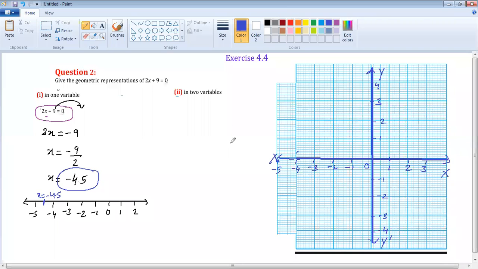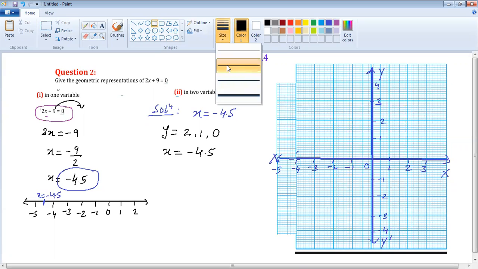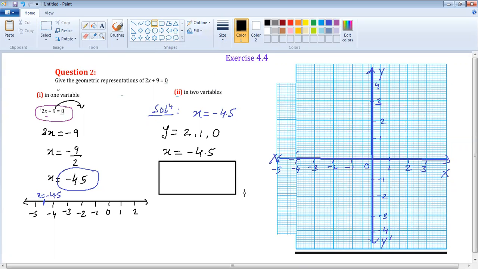Okay, now let's see how you can represent this situation in two variables. As we have already calculated, x equals minus 4.5. So again that means whatever value of y you take, because x is already given, either 2, 1, 0, the value of x is always fixed, that is minus 4.5. So let's make a solution table here.